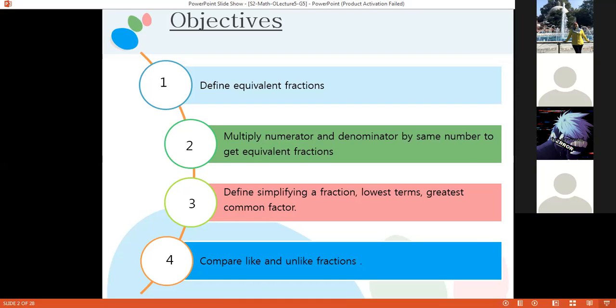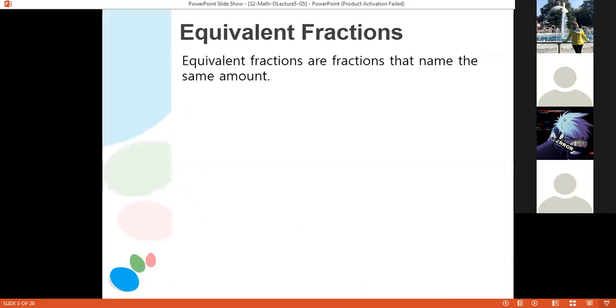So first, today I'm going to explain how we define equivalent fractions and how I multiply in order to get equivalent fractions. So I want you all to pay attention very well, okay? First of all, let us define the meaning of equivalent fractions. And why do I say equivalent fractions and not equal fractions?